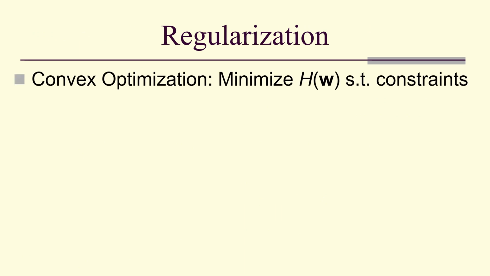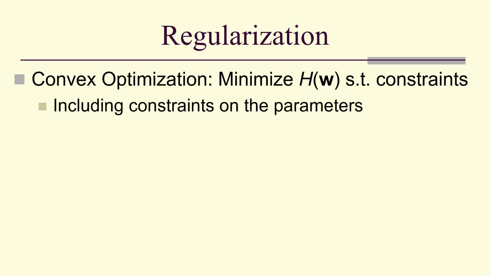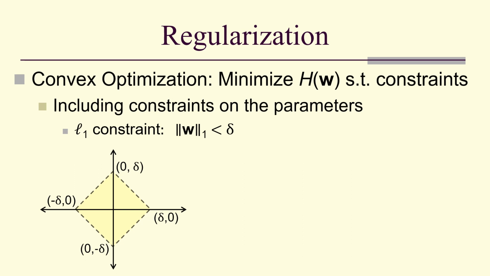This takes us to the concept of regularization. So in convex optimization, we minimize some function of the weights subject to constraints. And that includes constraints on the parameters. Constraints such as L1 constraints, where the L1 norm is less than delta. And that defines a region in my space.